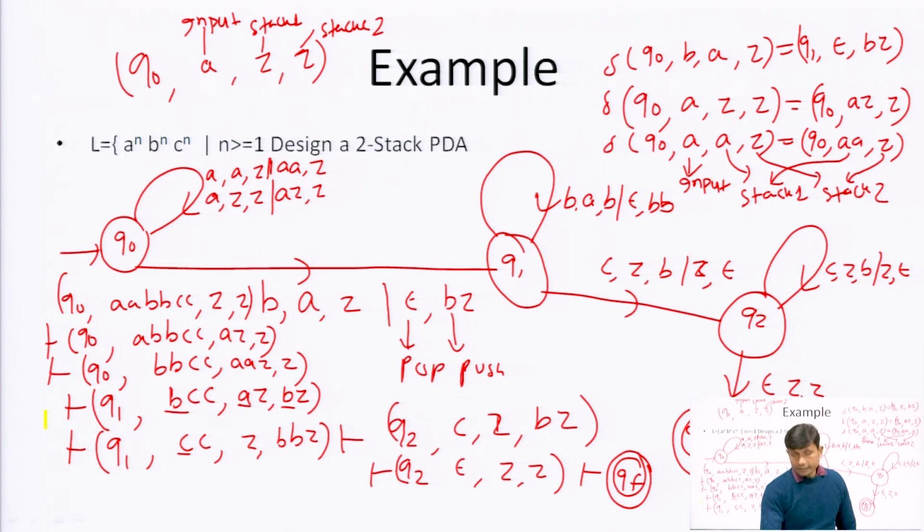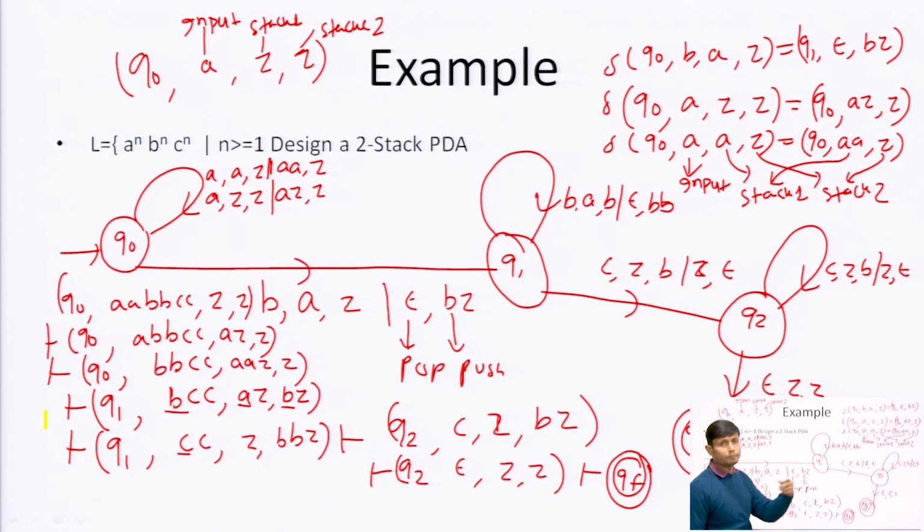So this is about the two-stack pushdown automata. For a context free language, we can use a one-stack pushdown automata, but if any language is higher than context free, like the context sensitive language, where there are two comparisons at a time, A compared with B and A compared with C, this is a context sensitive language.